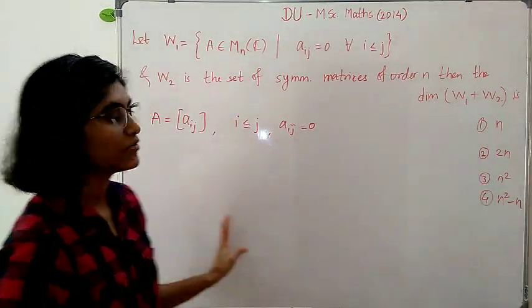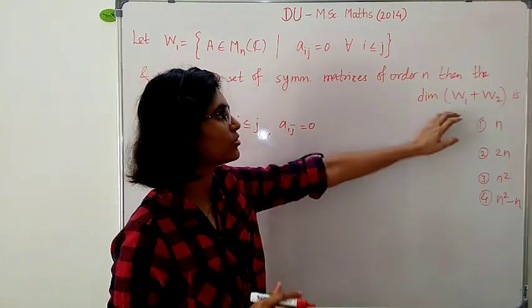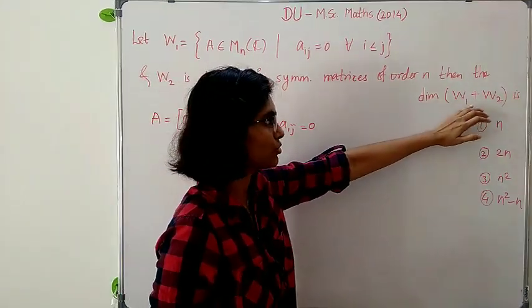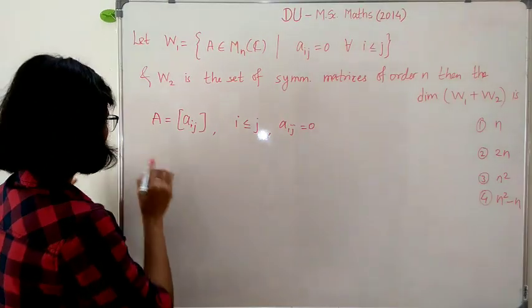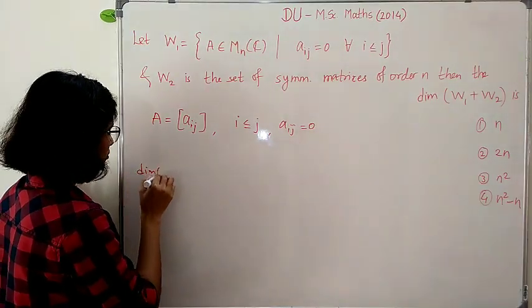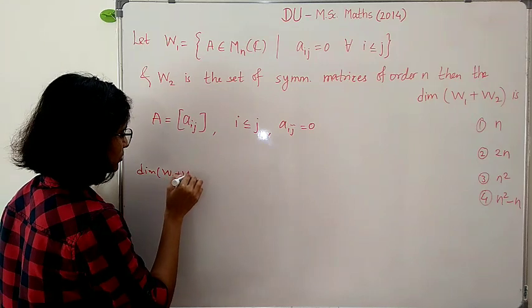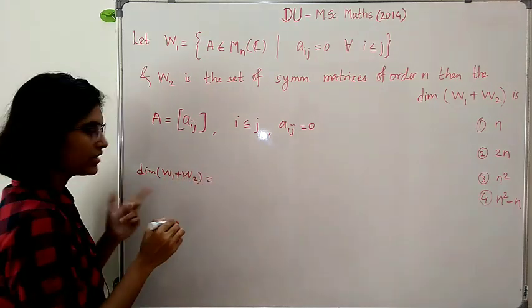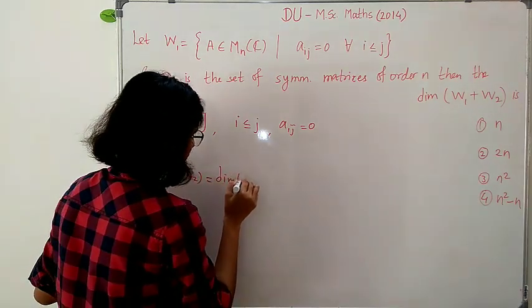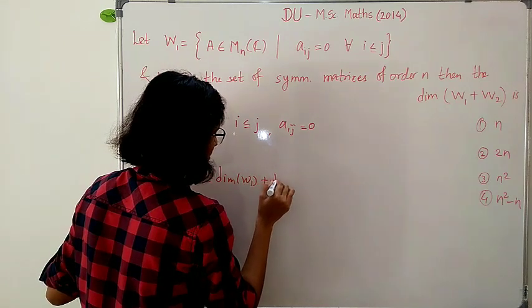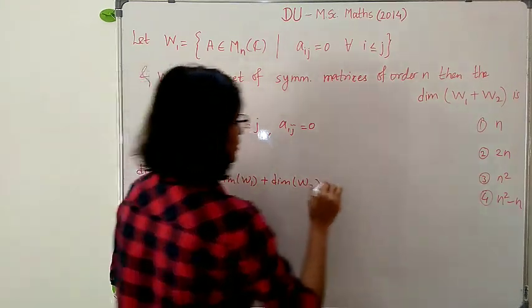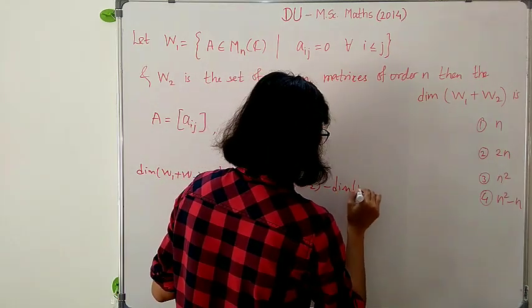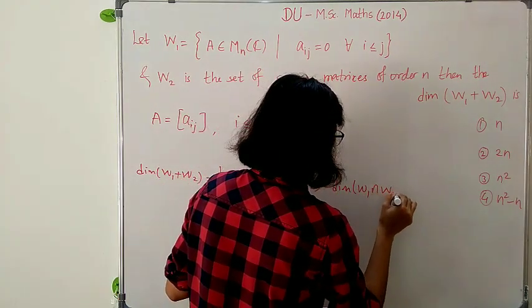So whenever you have a question about the dimension of W1 plus W2, just remember the formula for this, which is: dimension of W1 plus W2 is given by dimension of W1 plus dimension of W2 minus dimension of W1 intersection W2.